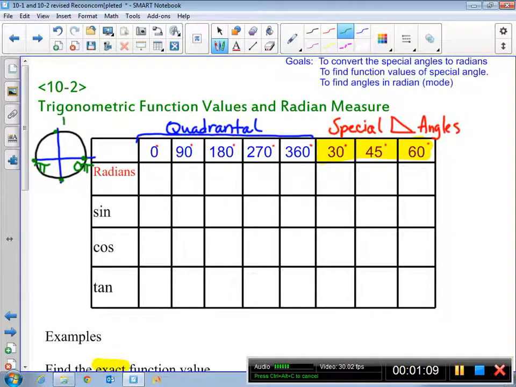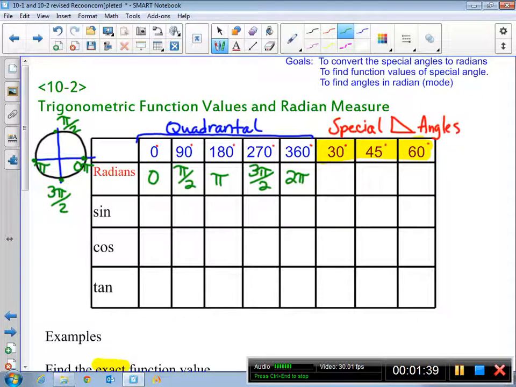At the top 90, that's pi divided by 2. And 270 is 3 pi divided by 2. So it's 90 times 3 if you want. 90 times 3 is 270. So we have 0, pi over 2, pi, 3 pi over 2, and 2 pi.